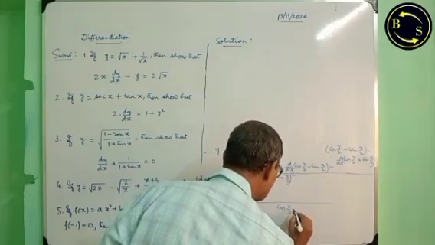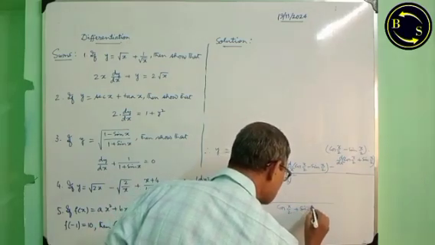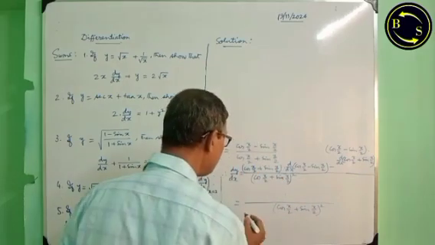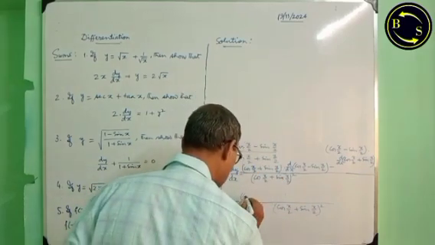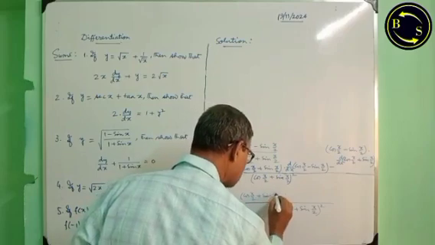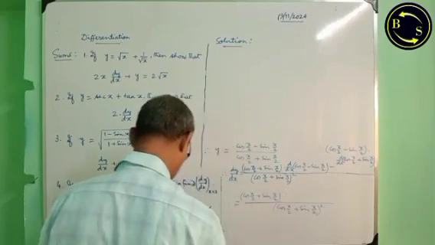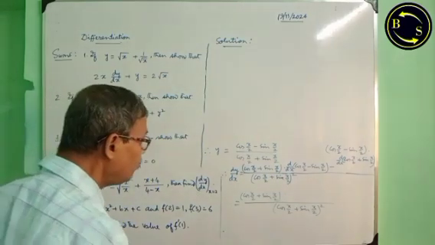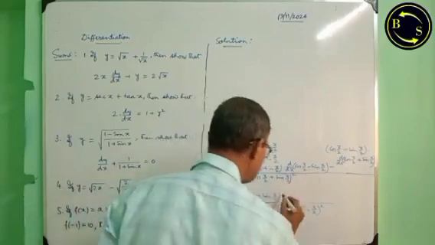Denominator cos x by 2 plus sin x by 2. Numerator cos x by 2 plus sin x by 2 into the derivative of this one.